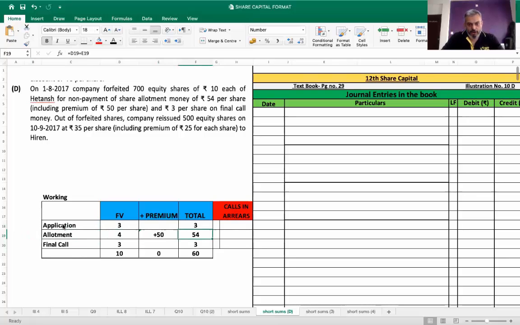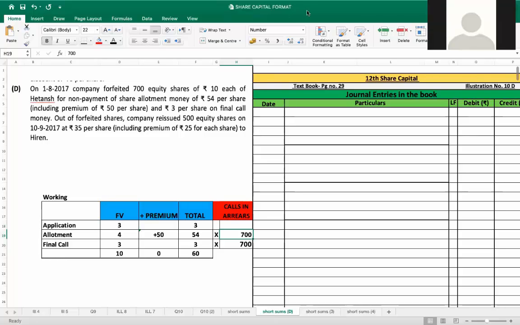So application is 3 rupees. Now, allotment was not received and final call was not received. So let me mark them red. For how many shares? 700 shares. So mention 700 shares. Now they are not 700 separate. They are the same 700 shares.